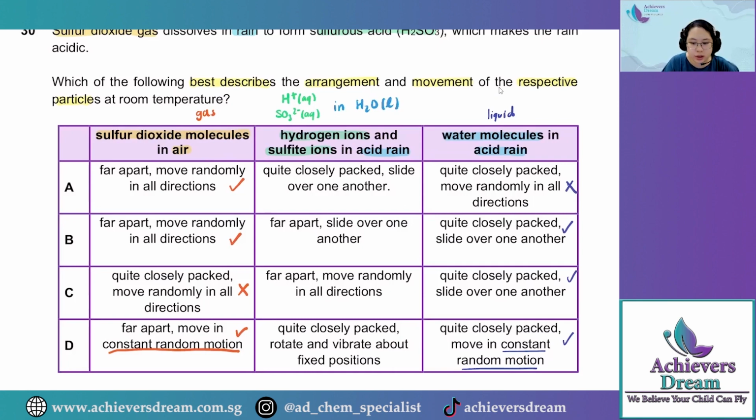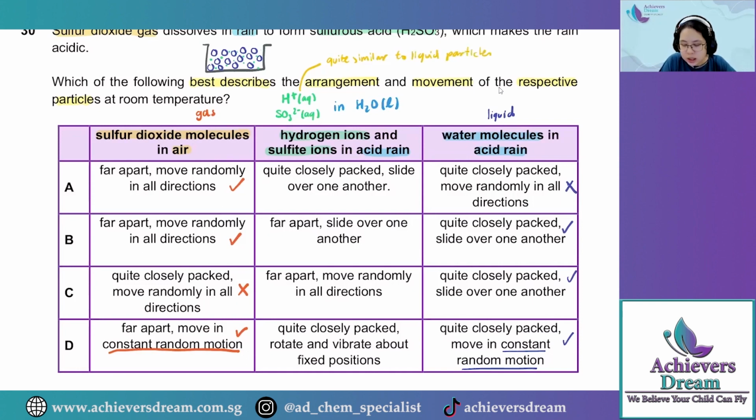So if we consider what this solution would look like, we have a lot of water molecules in random arrangement, and you have some of the ions scattered between the water molecules. So their behavior is quite similar to liquid particles.